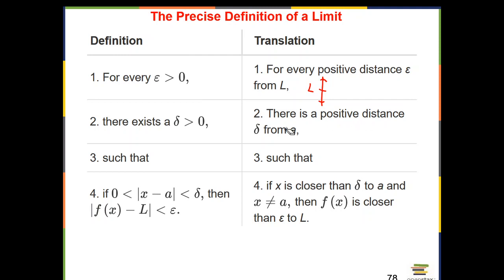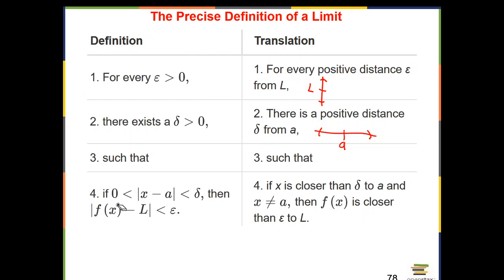There is a positive distance delta from a. So if this is a, there is a positive distance from a such that, which is English, this is true.